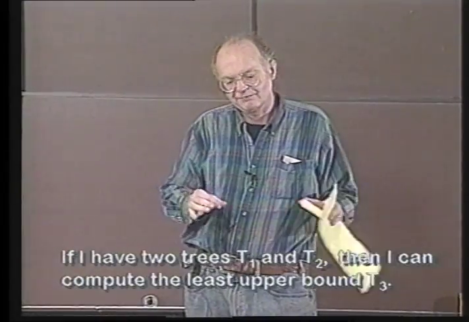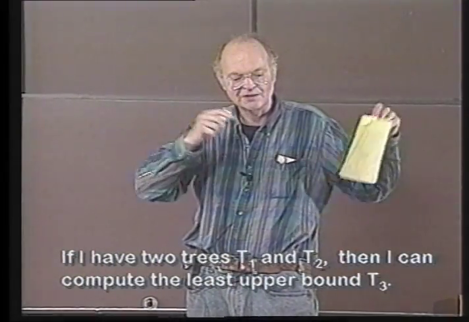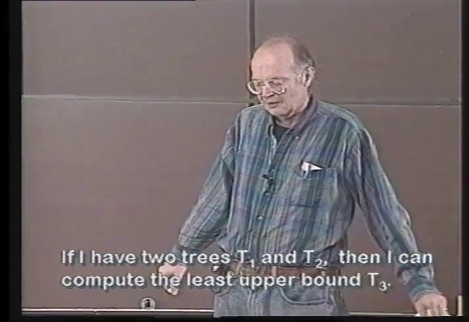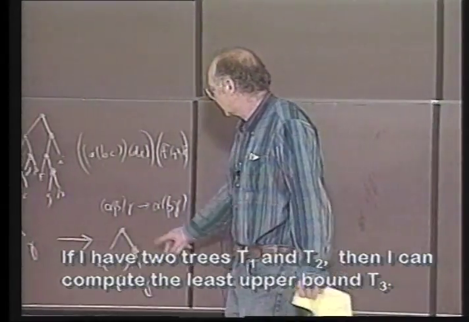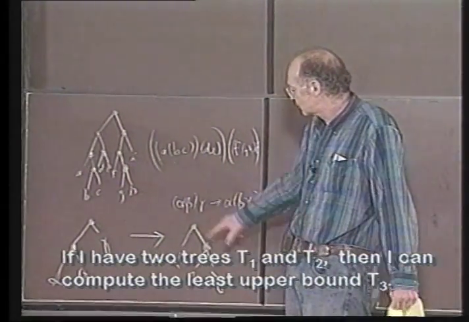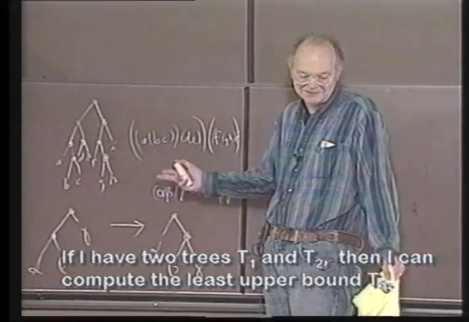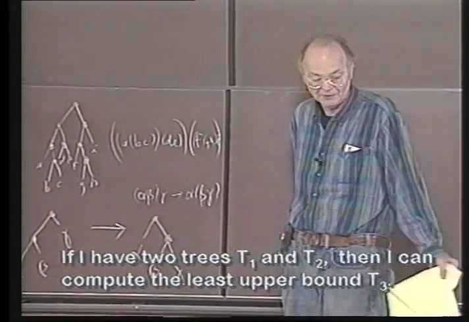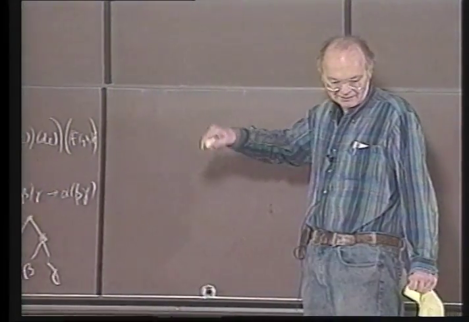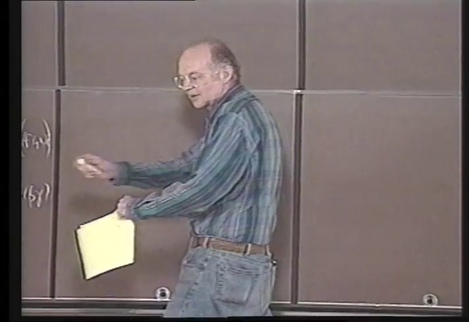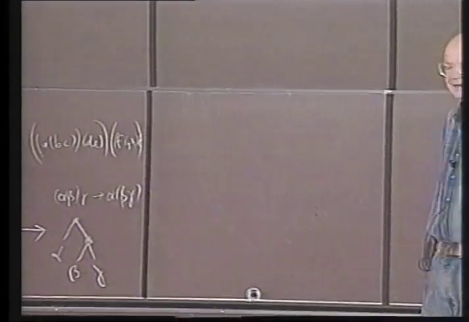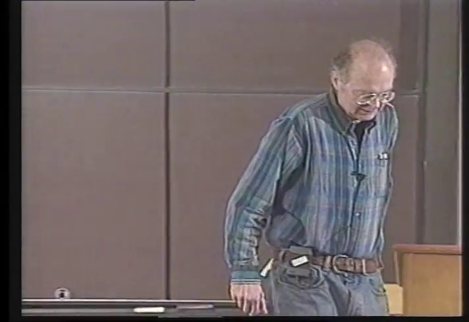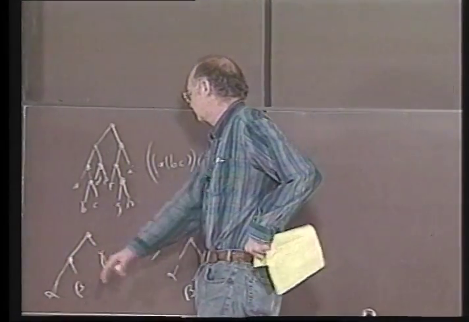This means that if I have two trees, T1 and T2, then I can compute, for example, another tree, T3, that is greater than or equal to both T1 and T2, and it's the smallest that's larger than both of them. So anything that's larger than T1 and T2 is also larger than or equal to T3. And conversely, anything larger or equal to T3 is larger than or equal to T1 and T2.